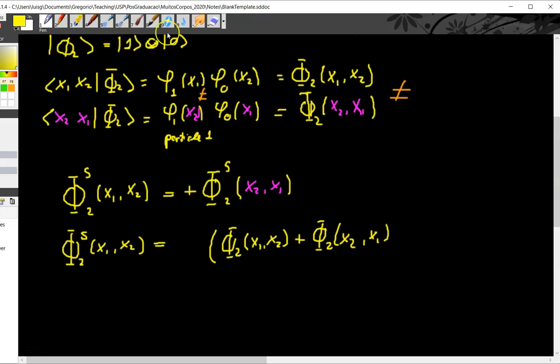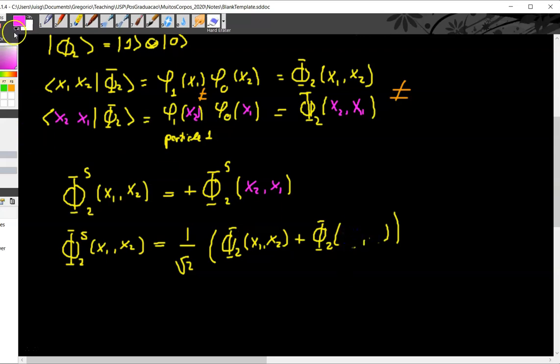So this is this and this is this. They're of course different. Now I put a 1 over square root of 2 to normalize, but let's make it clearer that these are exchanged coordinates.